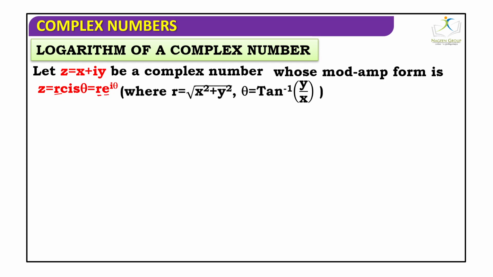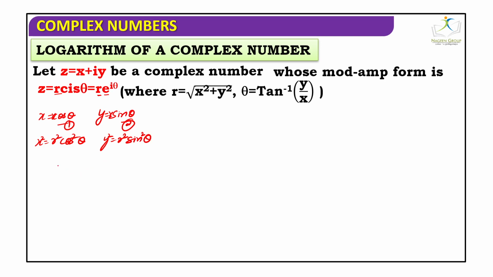Now, what is r? R is under root of x square plus y square. If we say x equals r cos theta and y equals r sin theta, this is equation first and this is equation second. Now square them: x square equals r square cos square theta, and y square equals r square sin square theta.